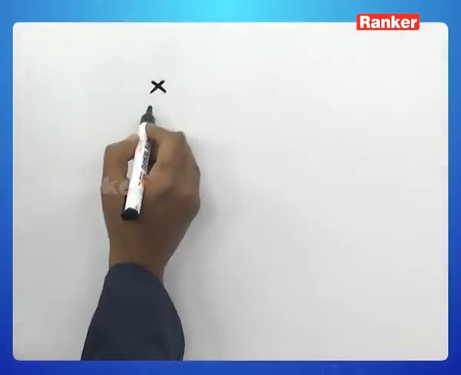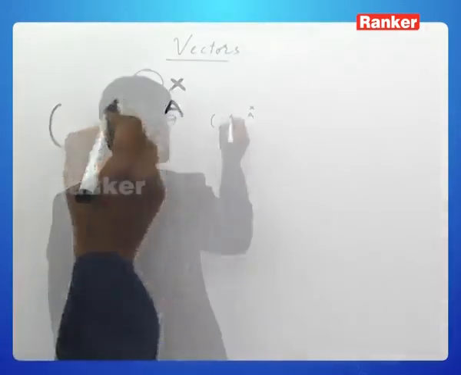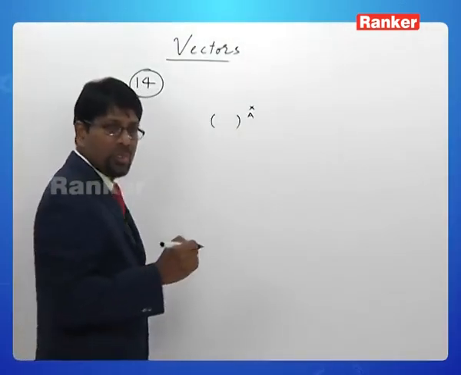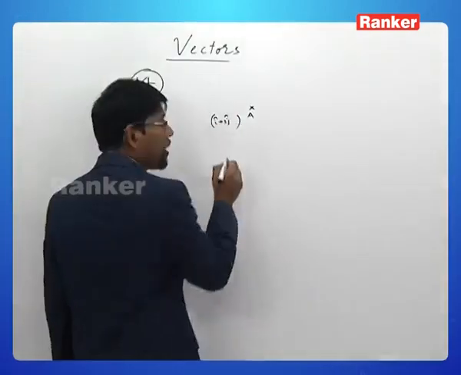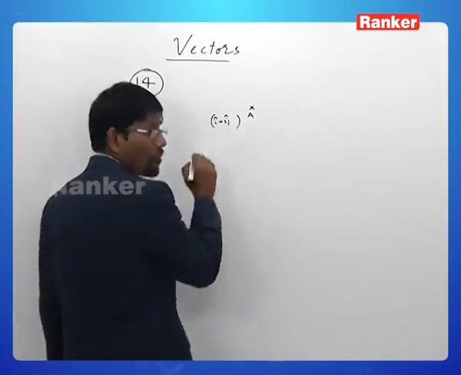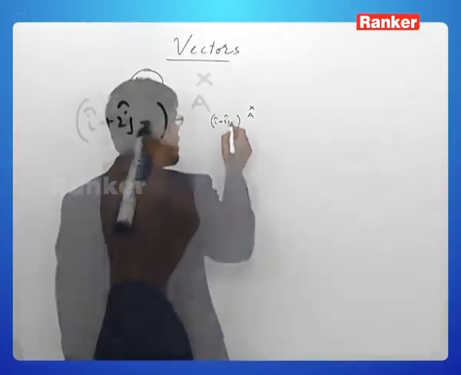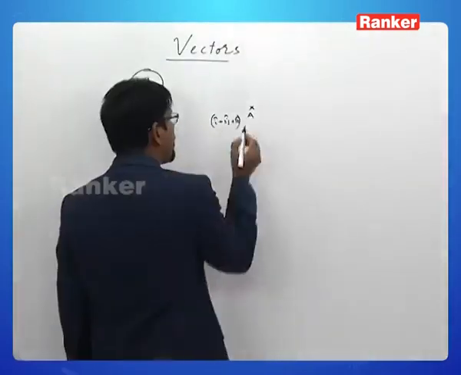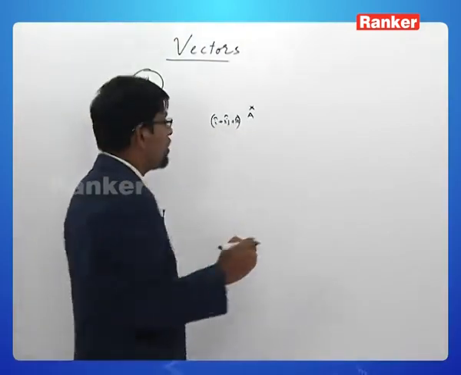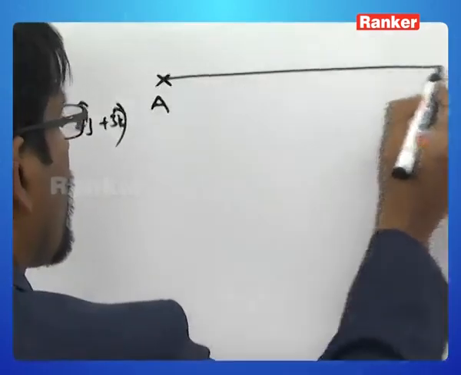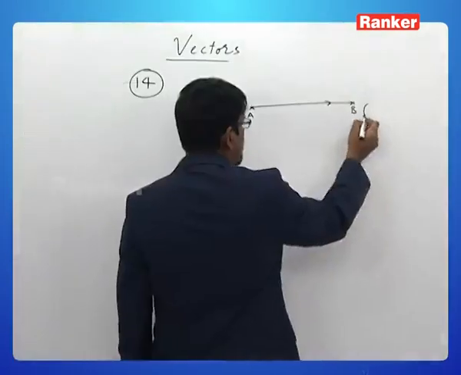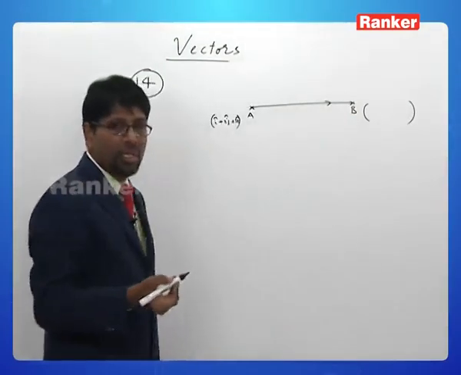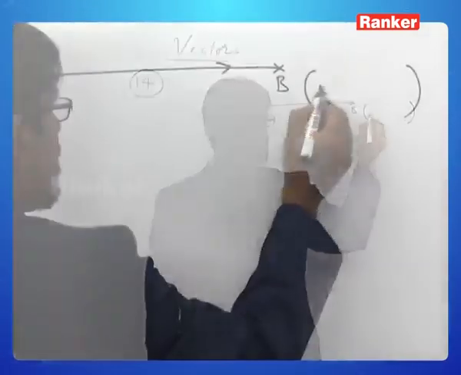Now we have a particle at some position A, let us say. Its position vector is i plus 2j plus 3k. And now the particle is displaced from A to some point B. The position vector of that point B is 5i plus 4j plus k.